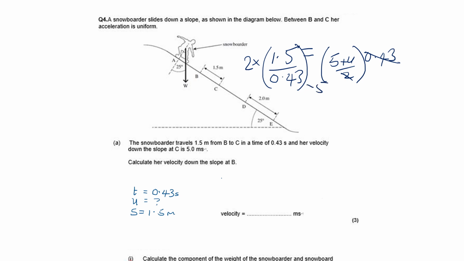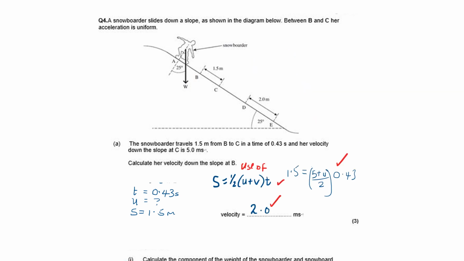So that will give us u is equal to 2 times 1.5 over 0.43, and then subtract 5 to get the answer, which is 2.0 meters per second.